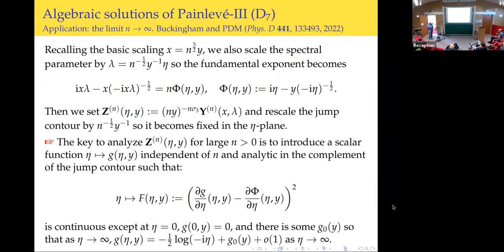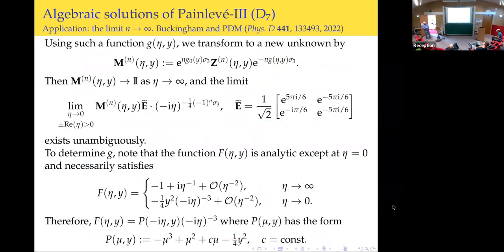The function g should actually vanish at the origin, and then there's some constant g0 of y that's like the constant term in a log expansion of the g function at infinity. So I want to pick g so that all that stuff is true.